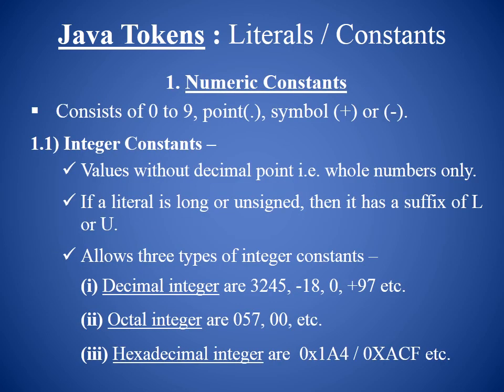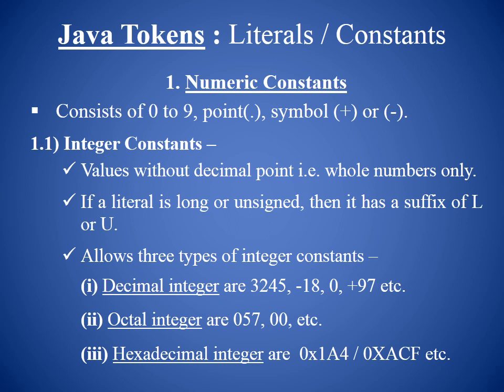First is numeric constant. A numeric constant may be a single digit from 0 to 9 or a combination of the digits from 0 to 9. It can also use a decimal point and a plus or minus sign. As you saw in the previous slide, numeric constants are of two types, integer constant and real constant.